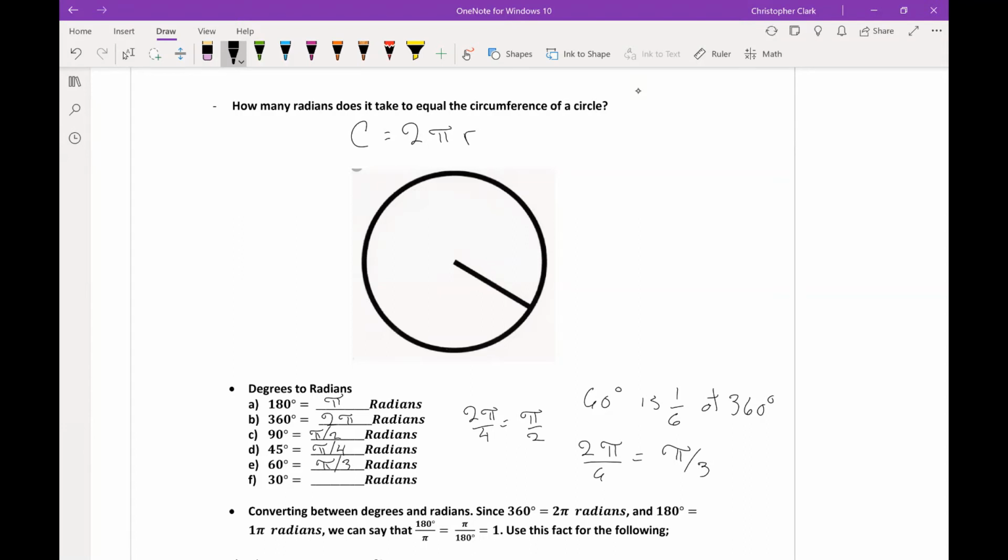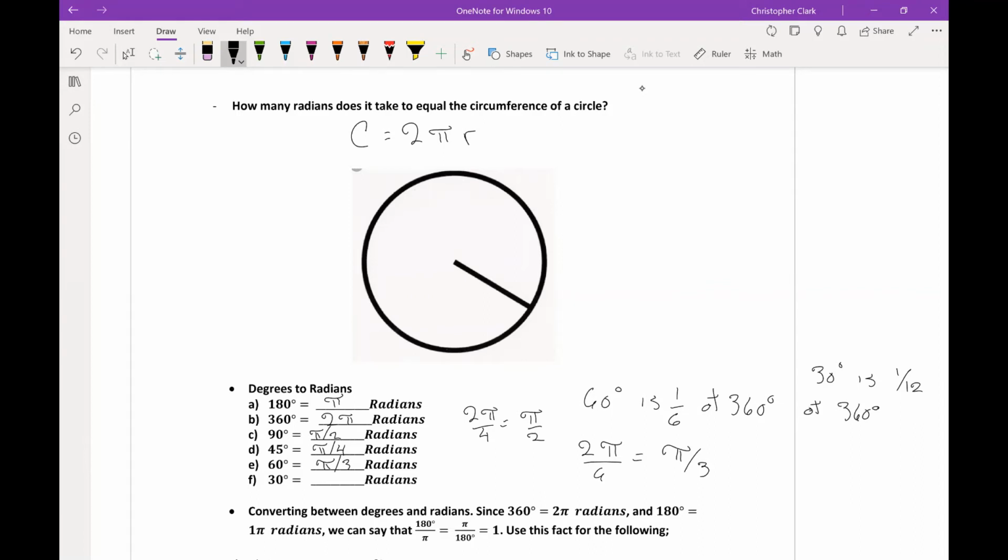And we can do something pretty similar and say that 30 degrees is 1/12 of 360 degrees.